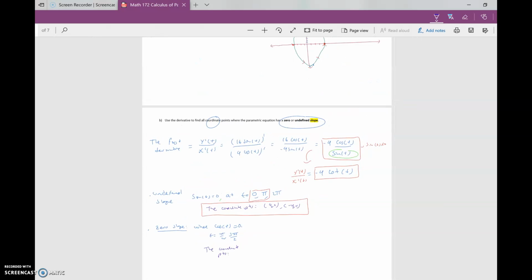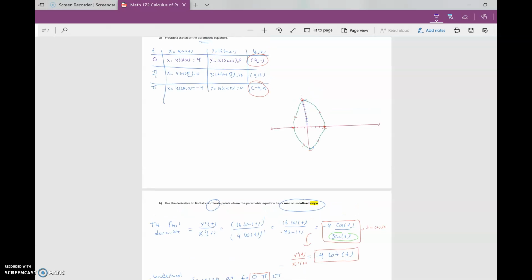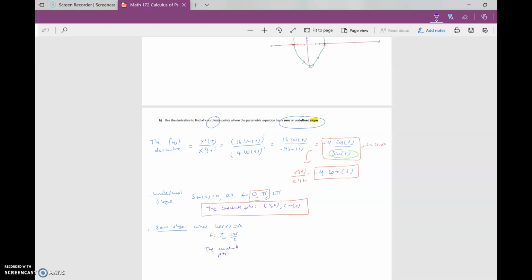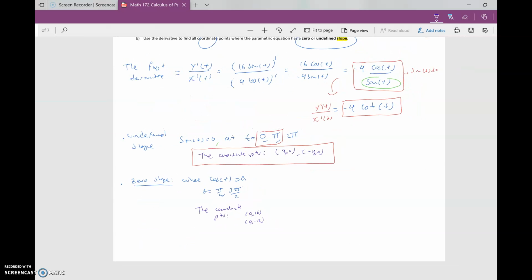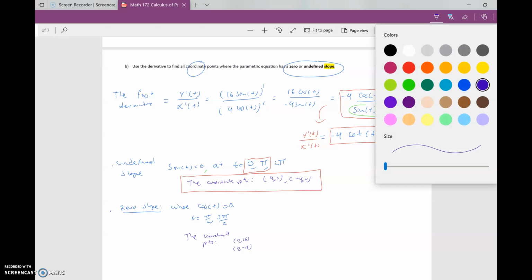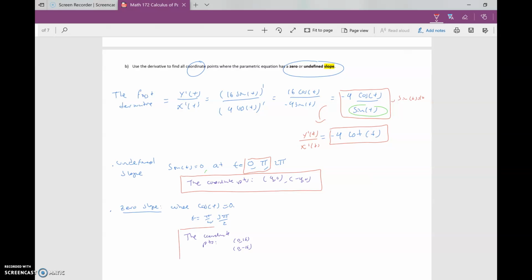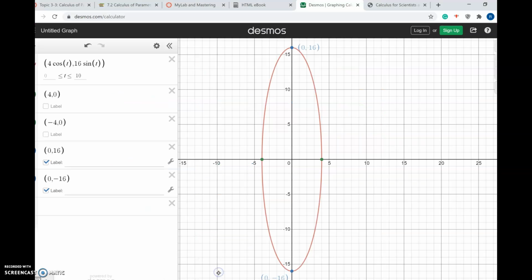So we already have at pi over 2, we obtained the 0, 16. So this will be 0, 16, and then 0, -16. These will be the other coordinate points where the derivative, or in this case, the negative cotangent of t happens to be 0. Let me show you the actual sketch so that you guys see it.